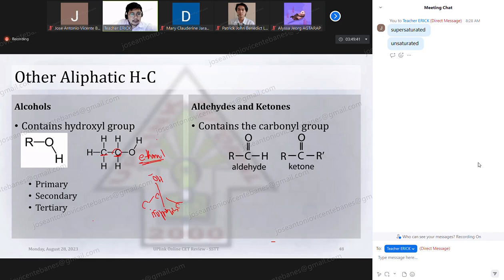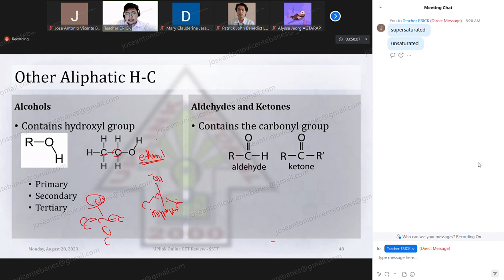But what about tertiary? When you say tertiary, we have 1, 2, 3, 4. When a carbon is attached to three other carbon chains and holds the OH group, then this is considered a tertiary alcohol. Okay? This is considered a tertiary alcohol. Then this is secondary since only two carbon chains are attached and it's in the middle.